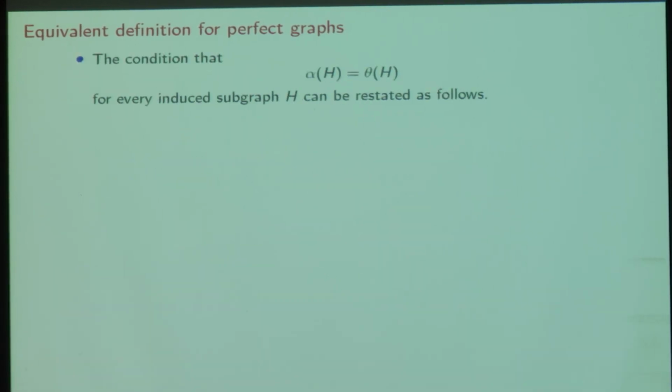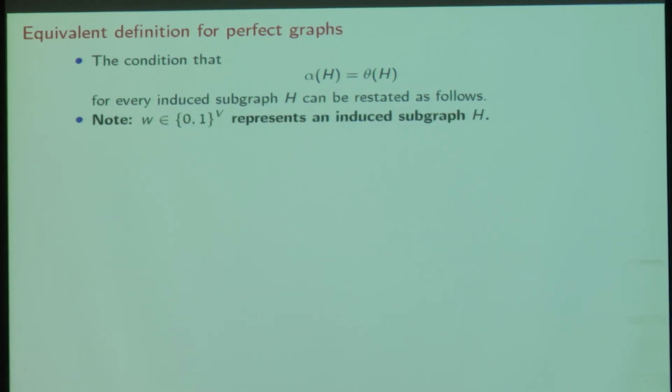Now let me state this definition in terms of integer programming formulations. Let me take any 0,1 vector, and you can see that any 0,1 vector represents an induced subgraph, as it gives a characteristic vector for a subset of vertices.